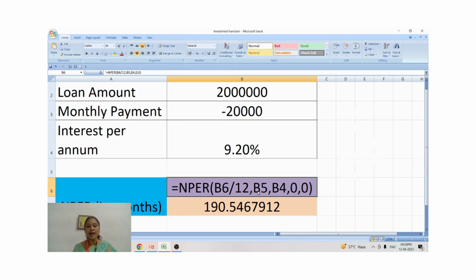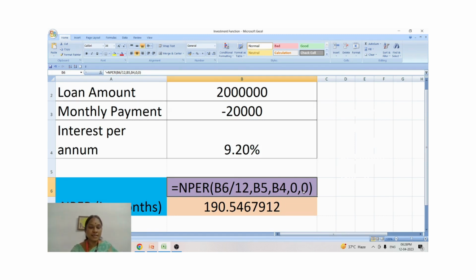Our payment made each period is 20,000, and B5 represents the present value of the loan. What is the value of the car? That is 20 lakhs. We don't know the future value, so we denote it as 0, and we will pay at the end of the month.